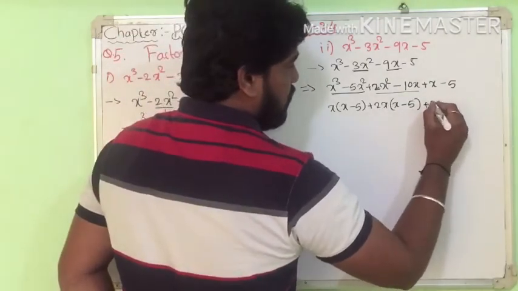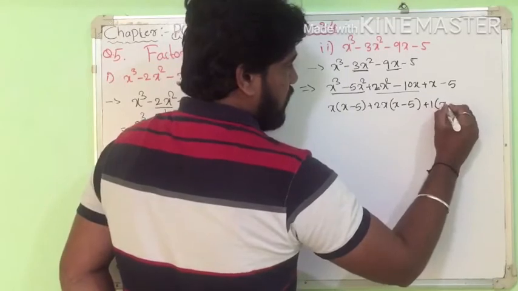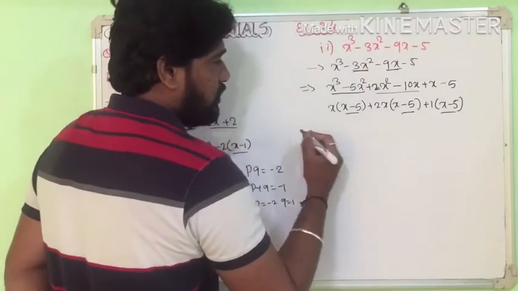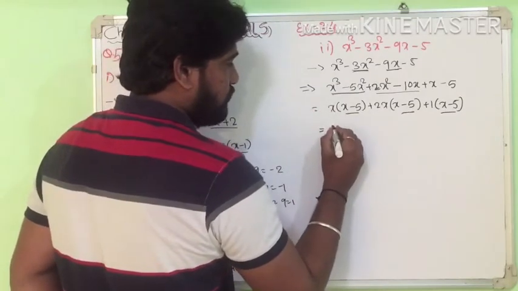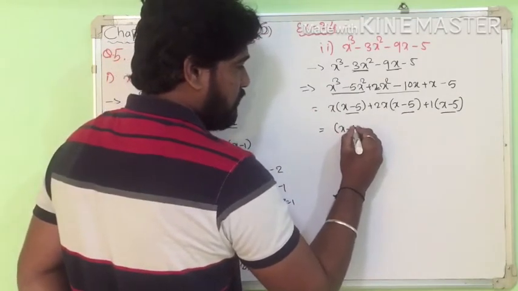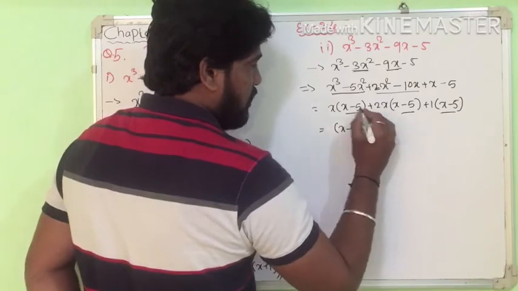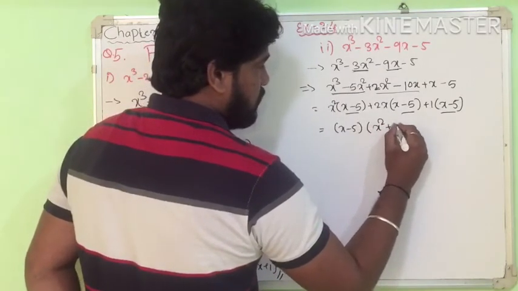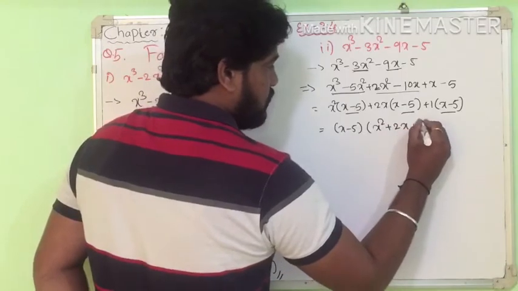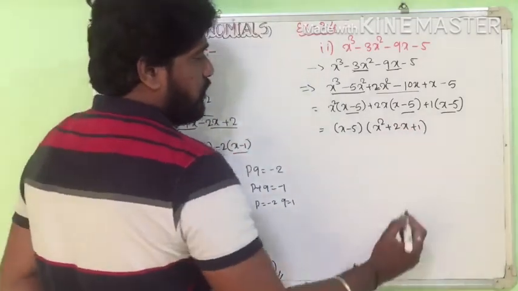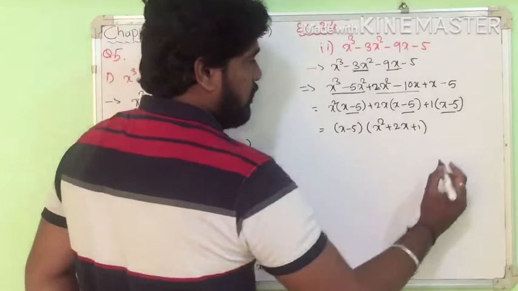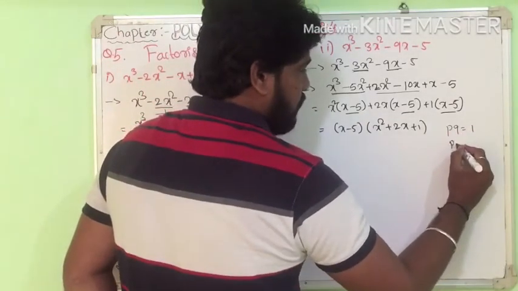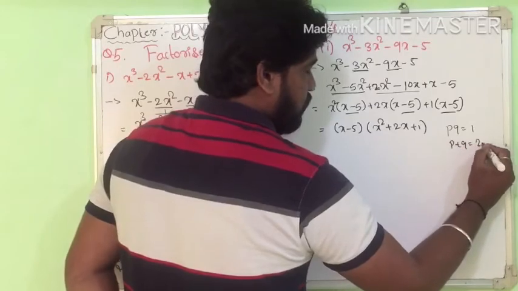And in these two I take common 1, x minus 5. So these three are common. So take outside x minus 5, remaining x square plus 2x plus 1, right? So it is a quadratic polynomial. We want here p into q is equal to 1, p plus q is equal to 2.